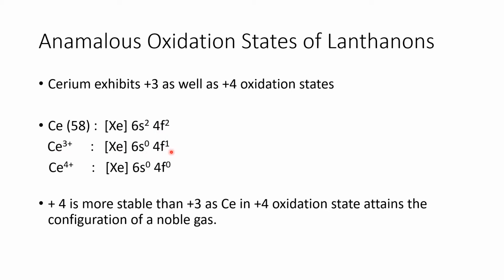But in the +4 oxidation state, the configuration becomes 6s0 4f0. That is, cerium is attaining the configuration of noble gas xenon. Therefore, the +4 oxidation state is more stable than the +3 oxidation state, as cerium in the +4 oxidation state is attaining the configuration of a noble gas.